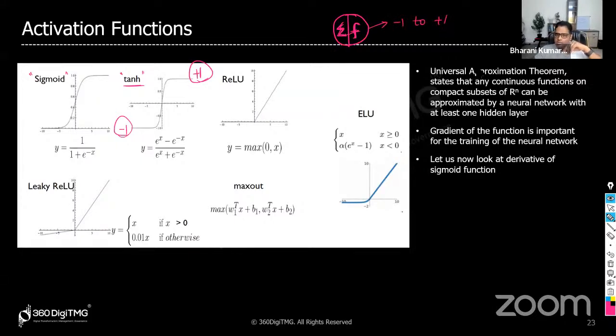So what tanh does is it takes your integration values, whatever those values are, and squashes them into the range of -1 to +1. Then you have ReLU, which is rectified linear unit.